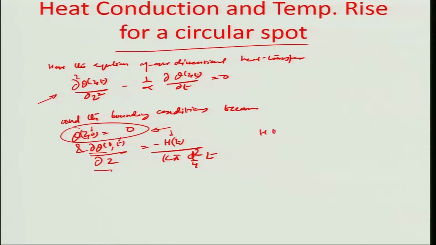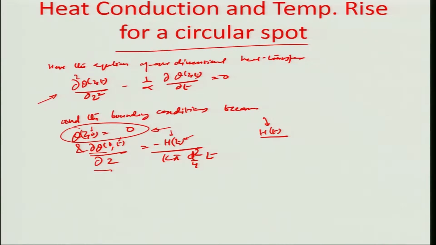So H(t) is really the power, or the quantity of heat, the heat energy as a function of time coming onto the surface by the circular spot, and this could be treated as a constant, which we'll see later when we evaluate the solutions.